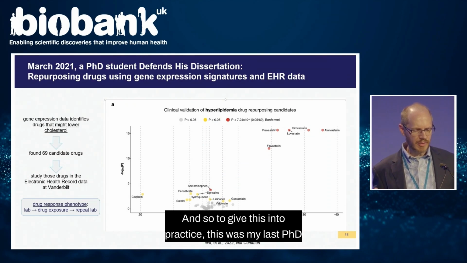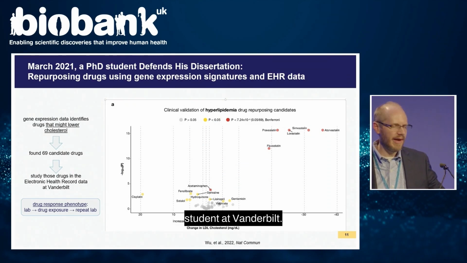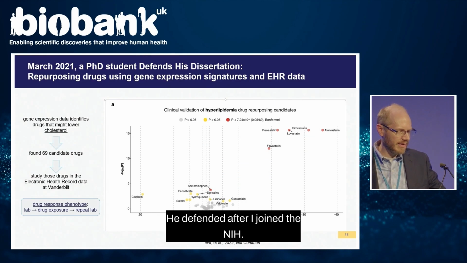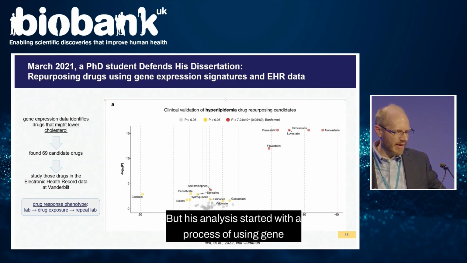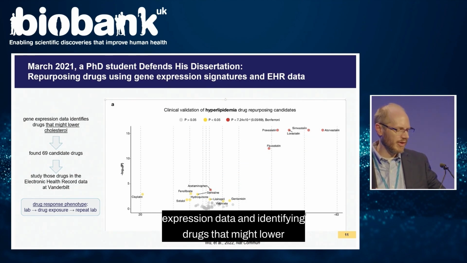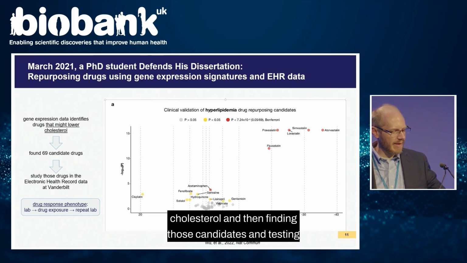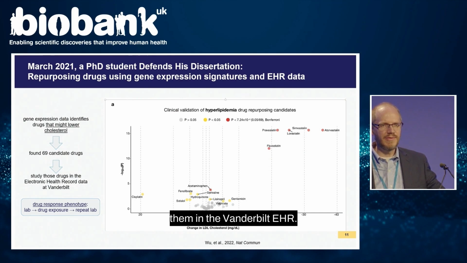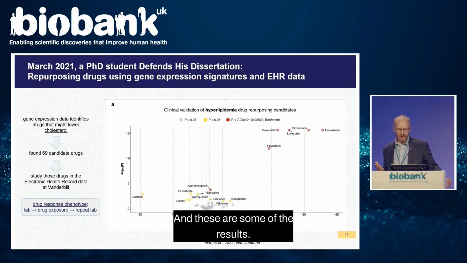To put this into practice, this was my last PhD student at Vanderbilt. He defended after I joined the NIH, but his analysis started with using gene expression data and identifying drugs that might lower cholesterol, and then finding those candidates and testing them in the Vanderbilt EHR. And these are some of the results.